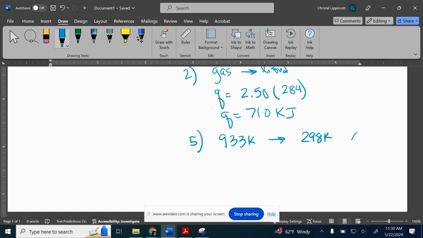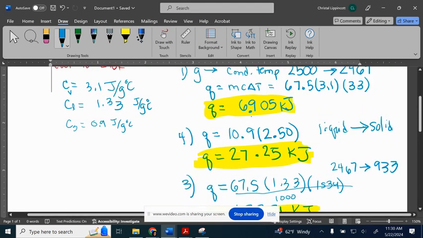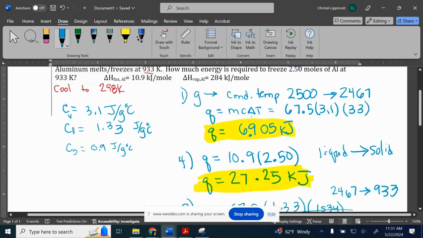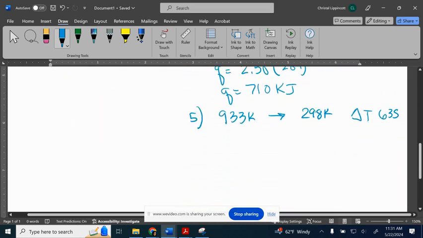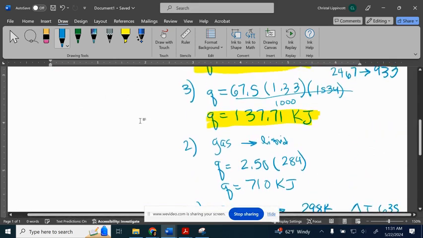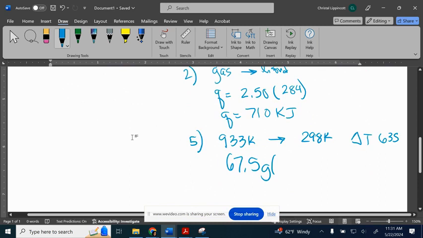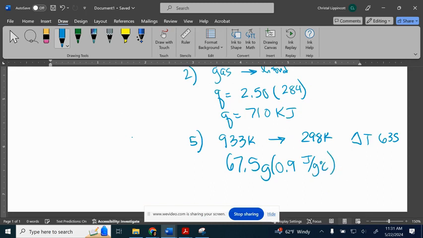And that's going to be a delta T of 635. All right, so we need to go back up here and grab, we had 67.5 grams. We're going to multiply that by the specific heat, which was the 0.9 joules per grams degrees Celsius. And we're going to multiply that by 635 Celsius for our temperature change.